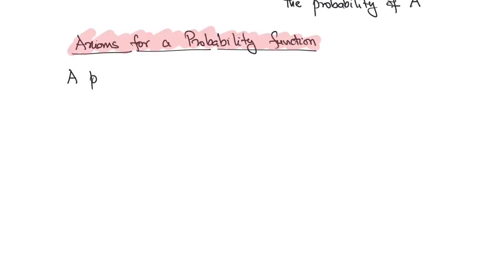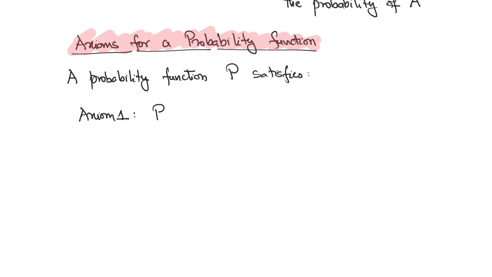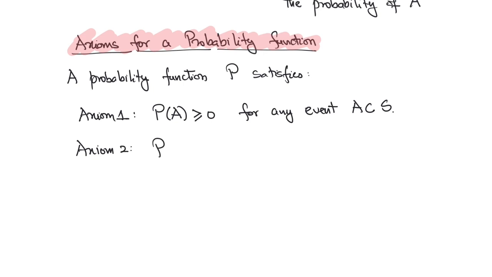So the probability function P will have to satisfy three axioms. The first axiom is that P of A has to be greater than or equal to 0 for any event, that is, any subset of the sample space S. The second axiom tells us that the probability of the entire sample space is 1.